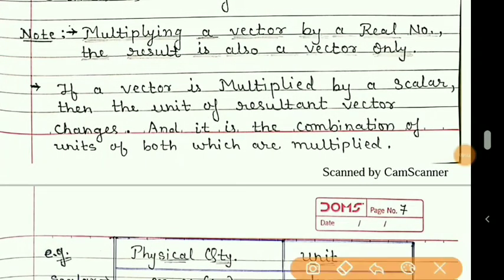So when a vector quantity is multiplied by a scalar quantity, even the unit of the resultant vector quantity changes.